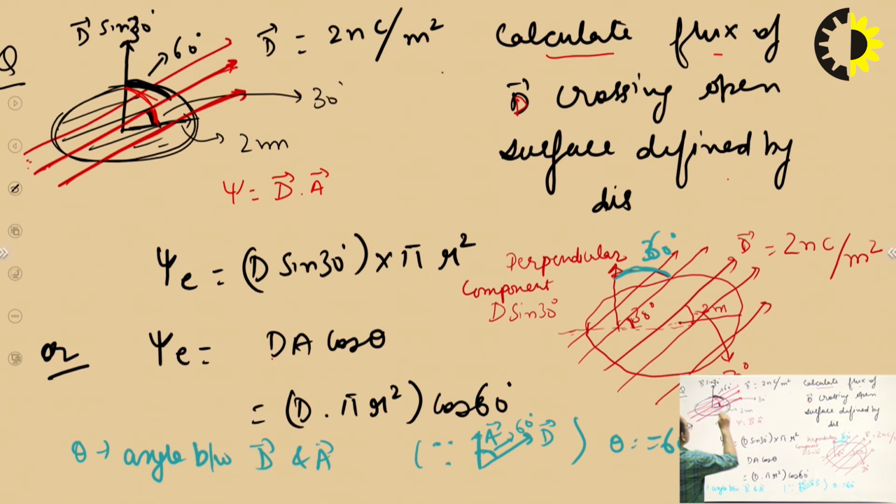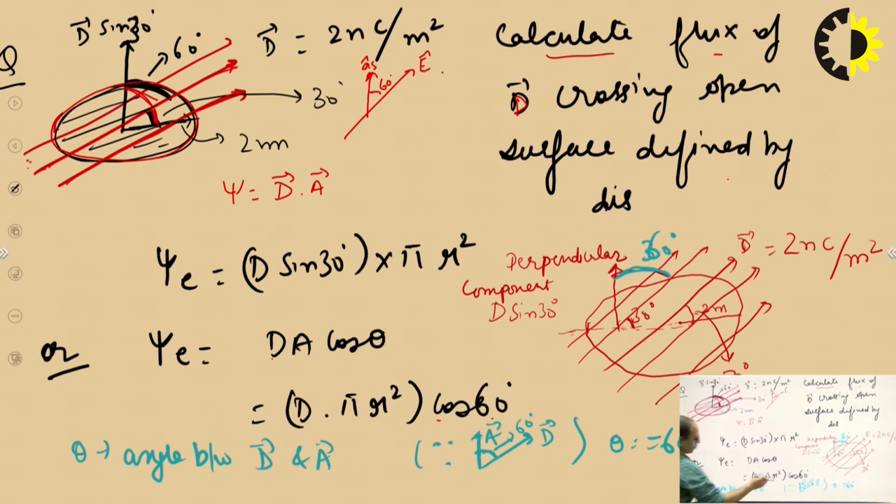Now A is the area of this surface, that is pi r square, and theta is the angle between the A vector, the surface vector, and the electric fields passing through. So the angle between these two is 60 degree, so it will be cos 60 degree.